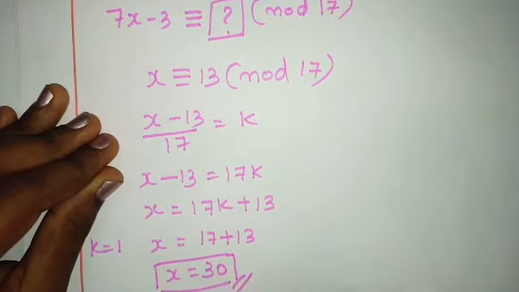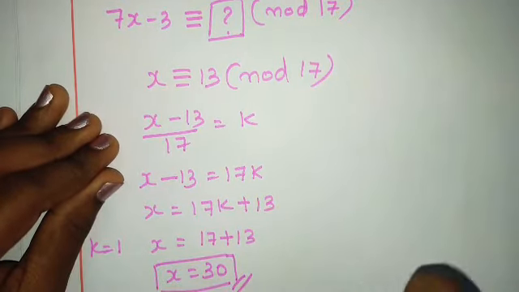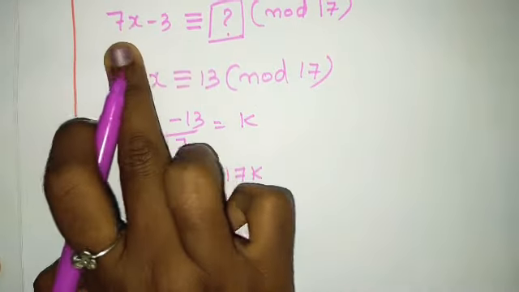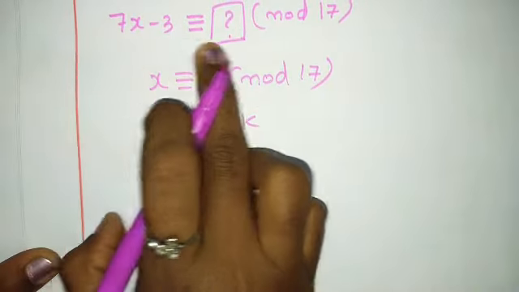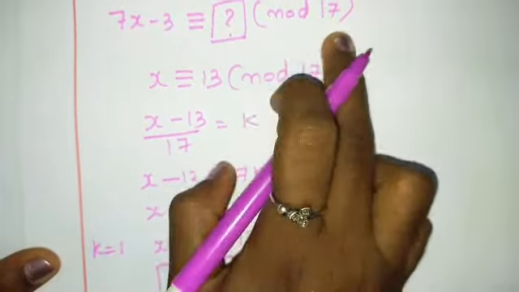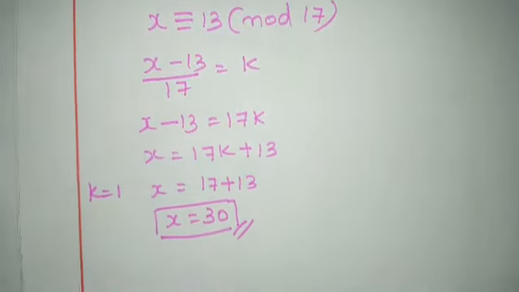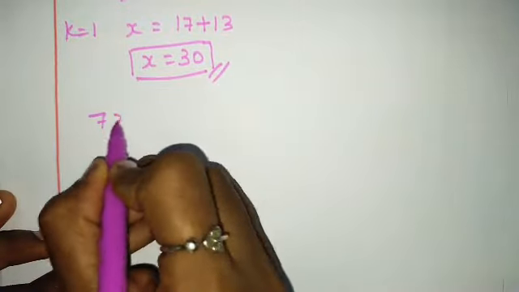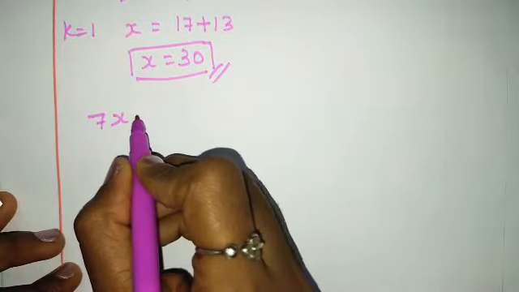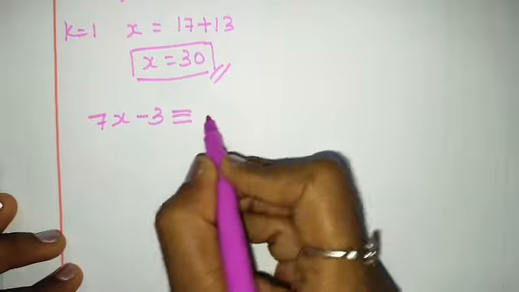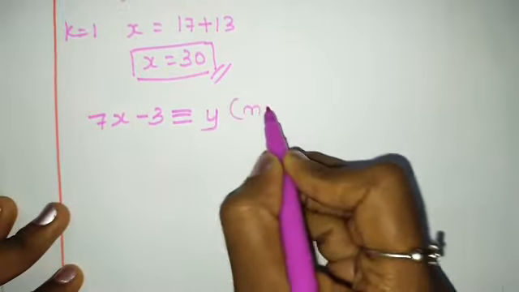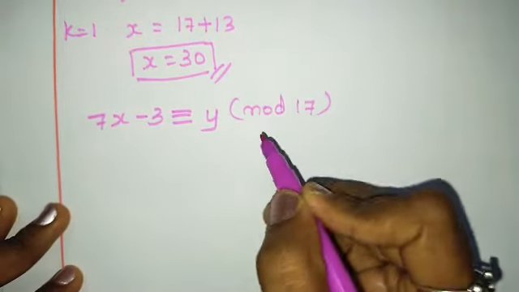Got it? So now we'll solve for the second equation. The second equation, what they have said: 7x minus 3 congruent to some number mod 17. Correct? So what we'll do now: 7x minus 3 congruent to, I'll take this number as y, y mod 17. Got it?